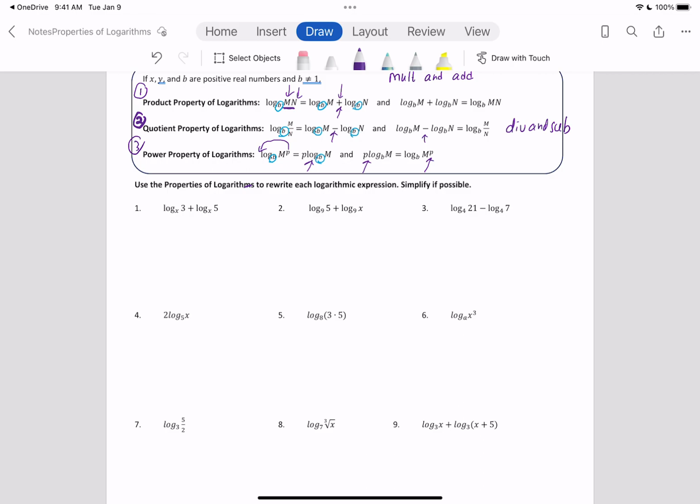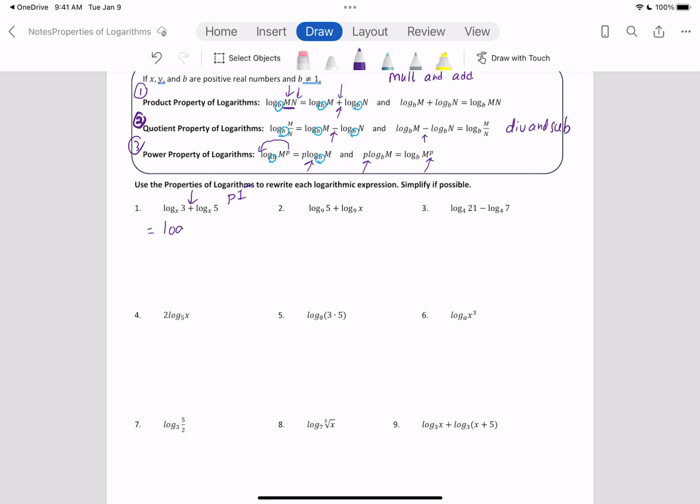So if I look at number 1, I have log base x of 3 plus log base x of 5. So they do have the same base x. And this one is given as a sum. So that means we're going to use property 1 and rewrite it as a product. So when we rewrite it, if it's given as a sum, then basically we're going to be putting them back together as a product.